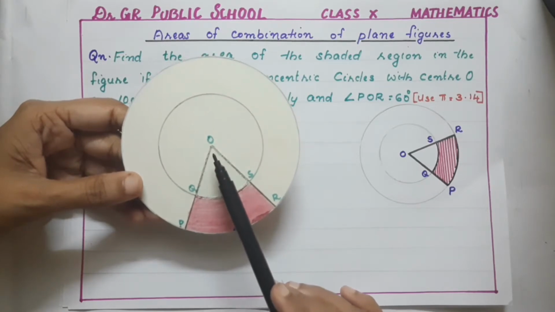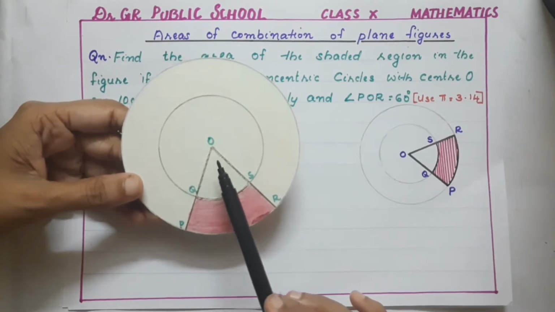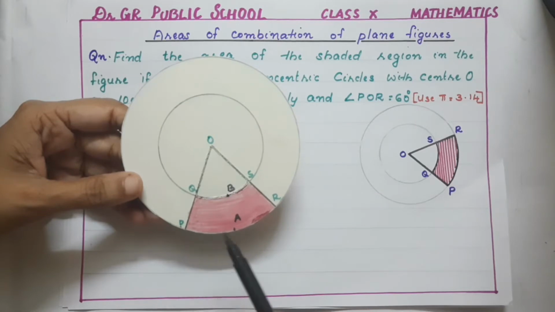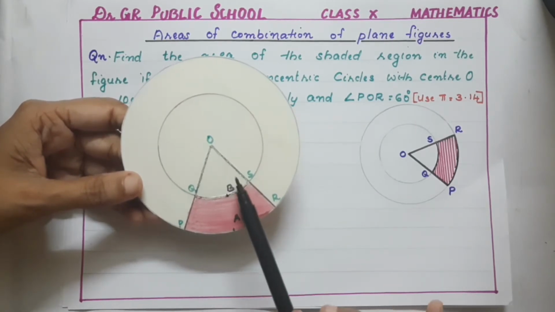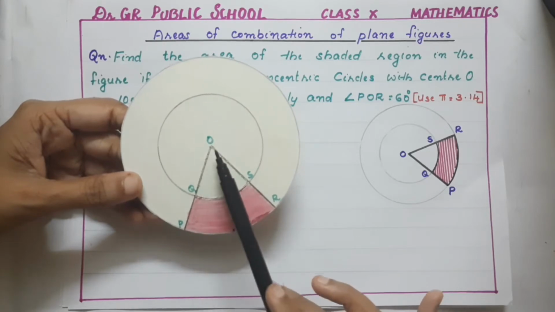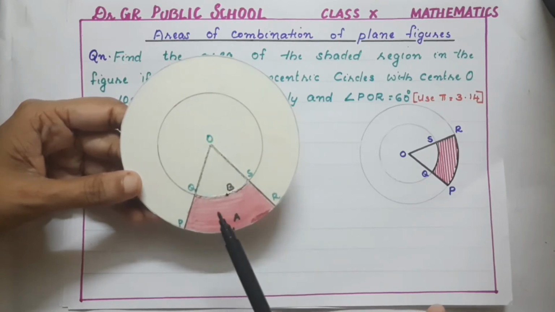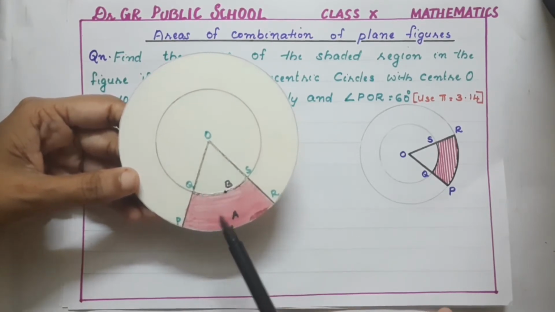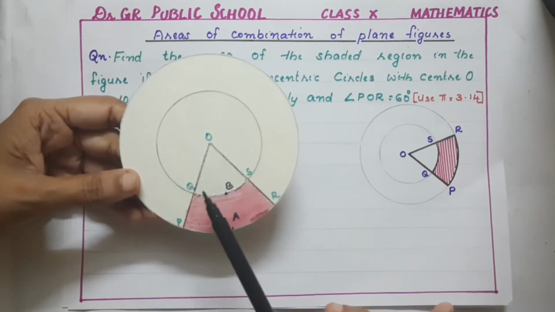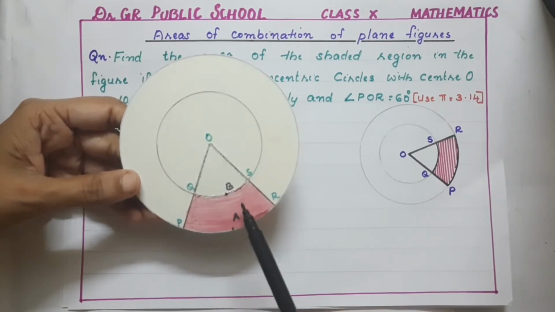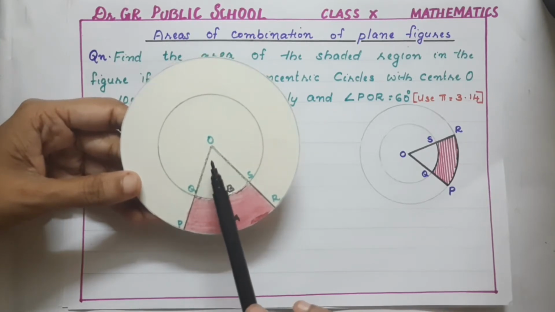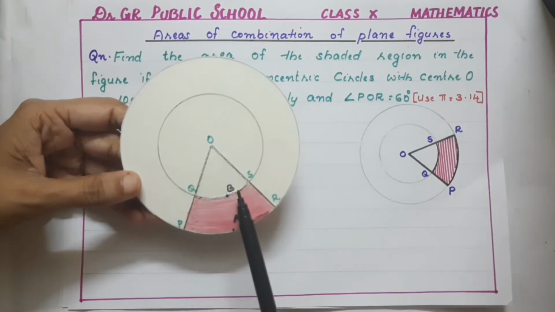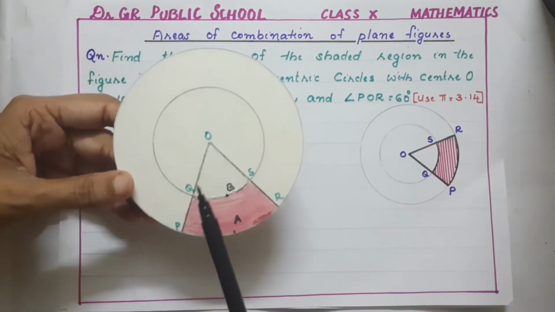Here you know how to find the area of this sector OPAR, isn't it? Area of the sector can be found. This total area can be found. From that total area of this sector, what do we have to remove to get this shaded region? Here you can see one small sector also. What is that small sector?